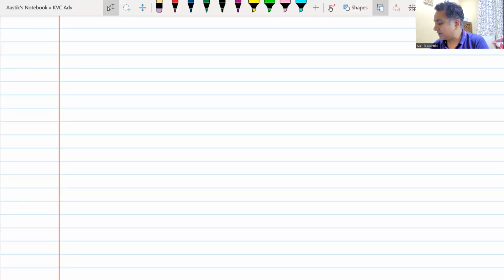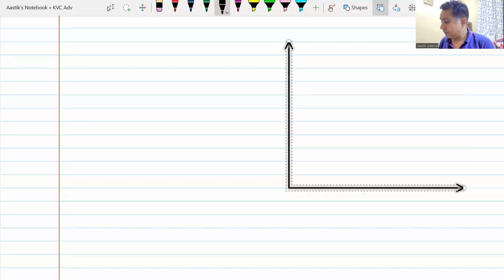What is the first graph that we are going to do? Yes? Anyone? The first graph that we are going to do will be known as, on the y-axis I am going to plot position r and on the x-axis I am going to plot time t.